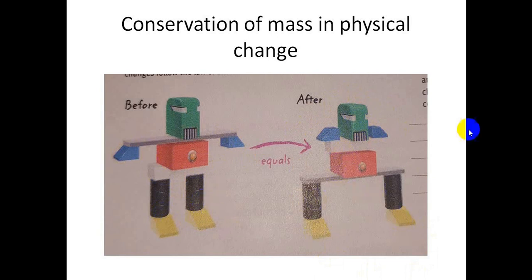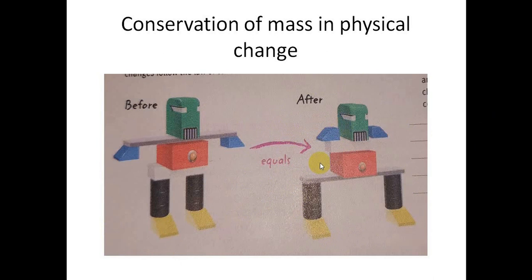So in the two pictures, we have the same number of pieces. This means that the mass of this robot will be the same as the mass after rearranging the robot. So in this physical change also, they have the same mass before the change and after the change, and this is what the law of conservation of mass means.